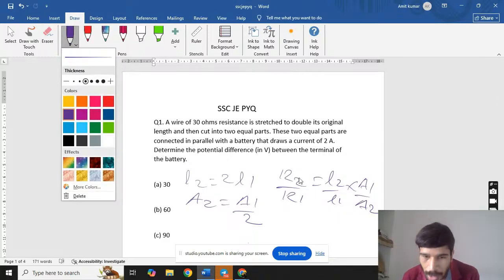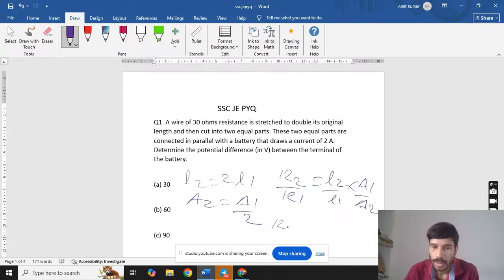From this we can calculate the value of R2 because R1 is given, and we know all these values: L1, L2, A2, A1. We will put all the values and find the value of resistance R2. R2 will be, for L2 we put 2L1, L1 will cancel, here we will get 2, and for A2 we put A1 by 2.